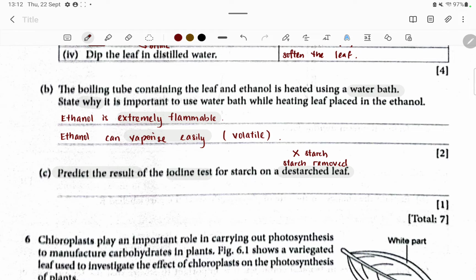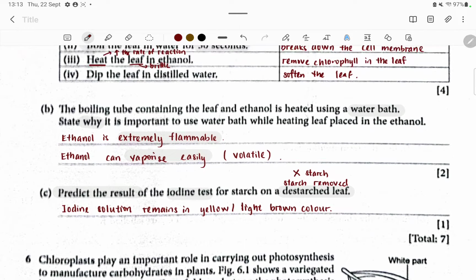So if no starch, then the iodine solution remains light brown or yellow in color, also can. Okay, so this is for number 5.